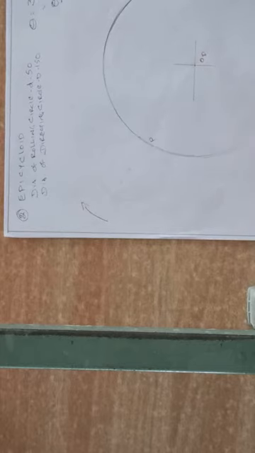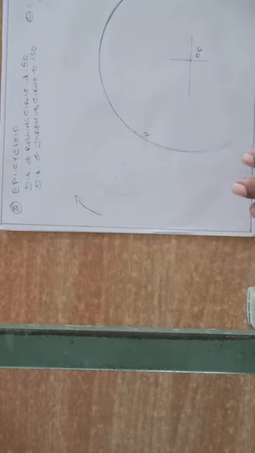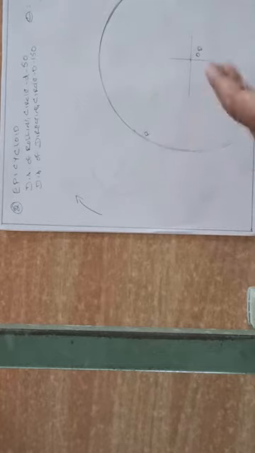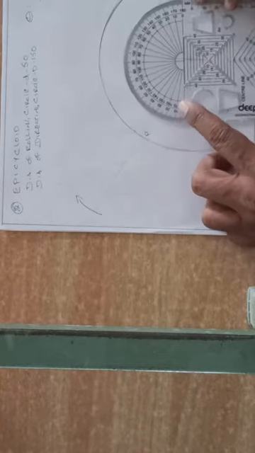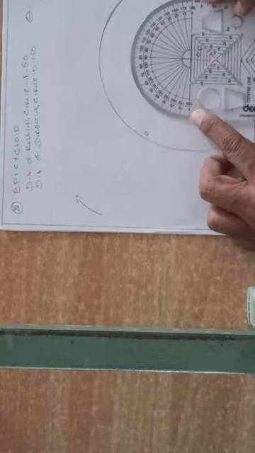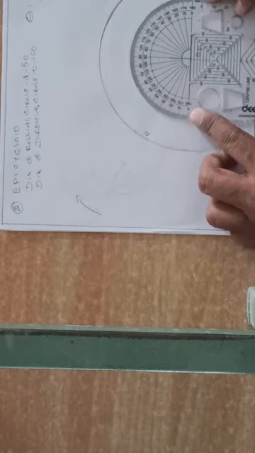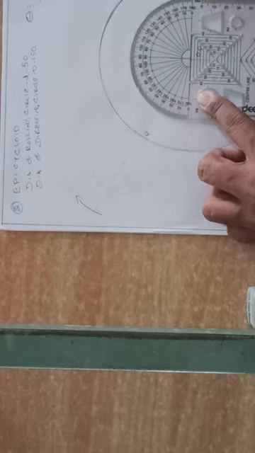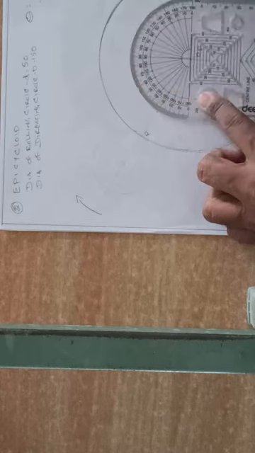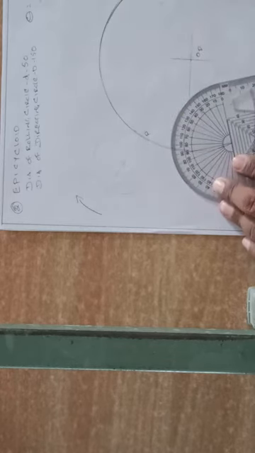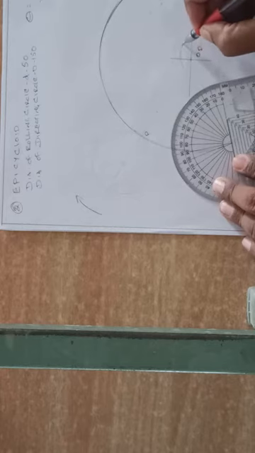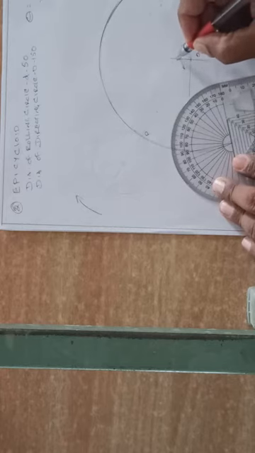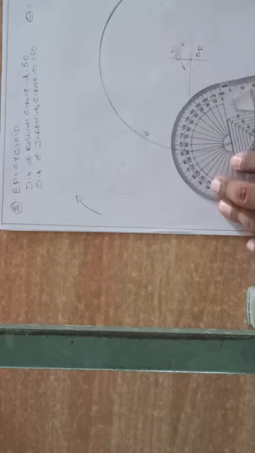Now 180 degrees minus 120 degrees, that is 60 degrees. So now taking the center of the directing circle as reference, using a protractor, that 60 degrees difference divided by 2 means 30 degrees on one side and 30 degrees on the other side. Then automatically the angle between these two lines will be 120 degrees.